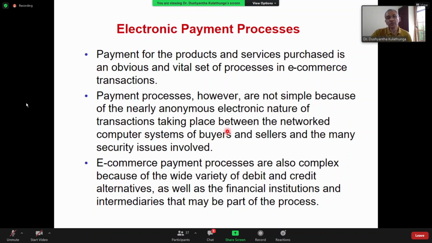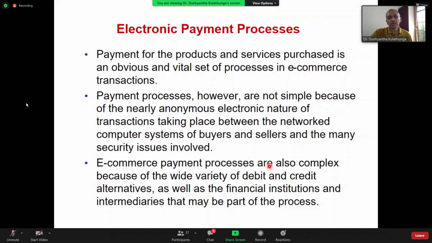Especially when it comes to the communication of credit card information to make the credit card payment, there is a possibility that your credit card information may be stolen by a third party. So therefore, that security issue is also there. So therefore, it is considered as something not simple, and it is something complex.